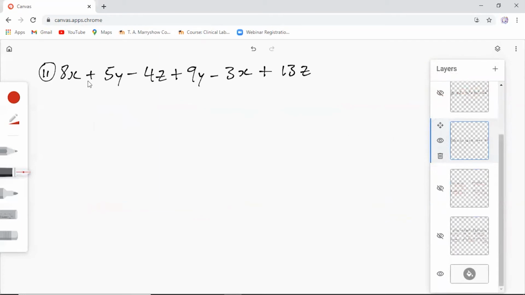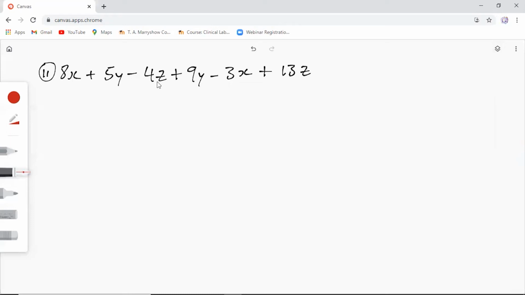Okay, we have here 8x plus 5y minus 4z plus 9y minus 3x plus 13z. Now the first thing we have to do is to group our like terms. So we take all the x's, we bring them together. So we have 8x minus 3x, because when we are moving the terms, we have to move the sign that is in front of them also.